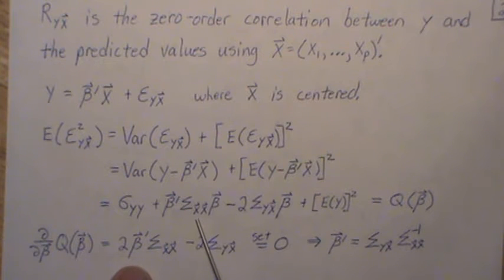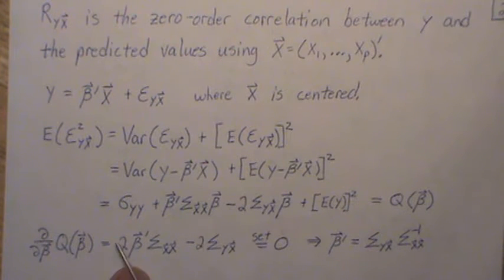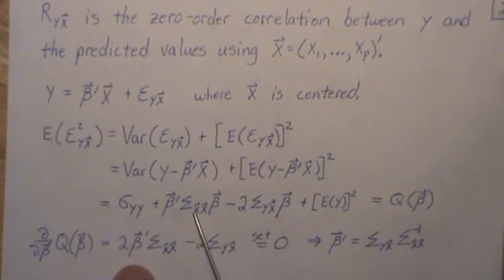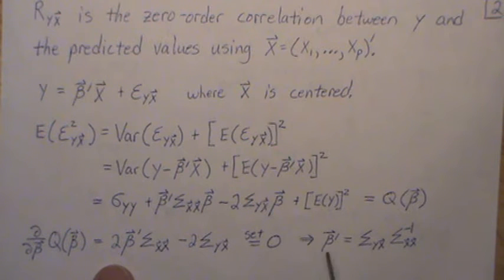I have a video called Derivatives of Quadratic Forms that you can reference for this partial derivative. It ends up being 2 beta transpose sigma xx. The derivative of beta is just what's out front, set it to 0, divide by 2, move that to the other side, take the right inverse of sigma xx, and we get this.